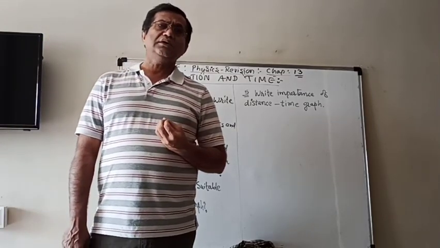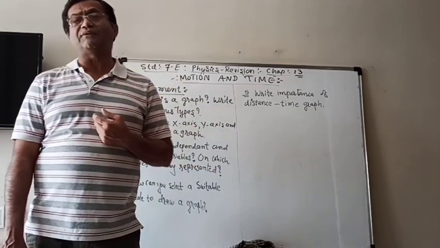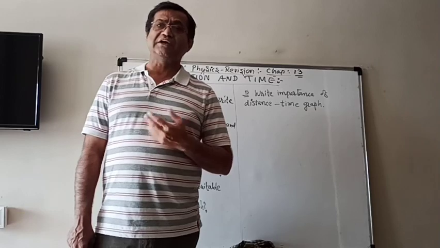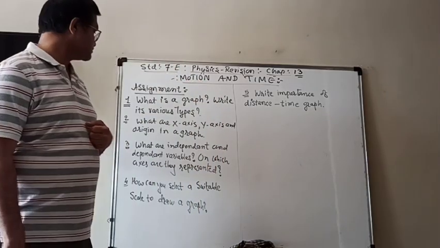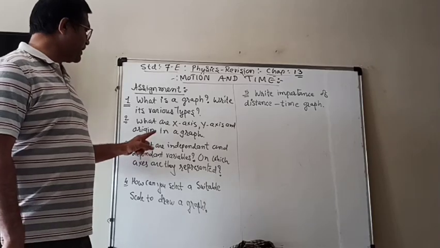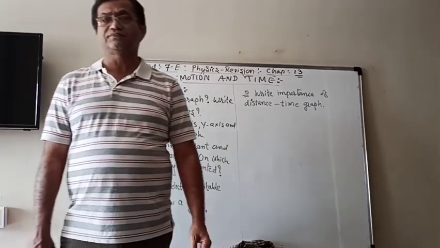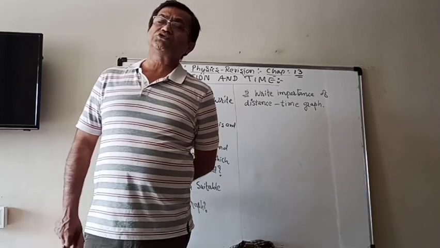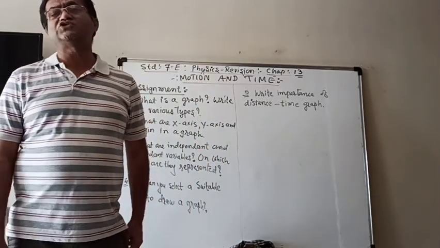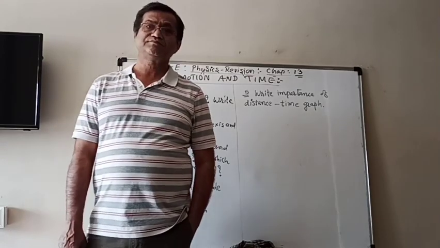Now, when we draw a graph, what is our first requirement? There are the axes. So what are the x-axis, y-axis and origin in a graph? You know that when we want to draw a graph, we draw two mutually perpendicular lines.